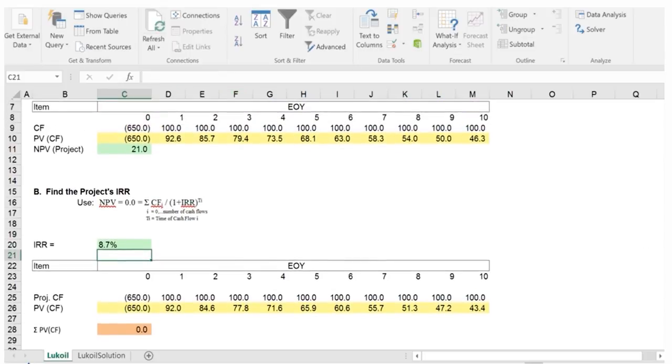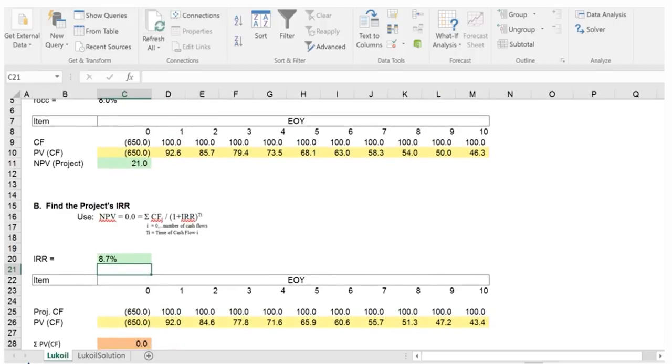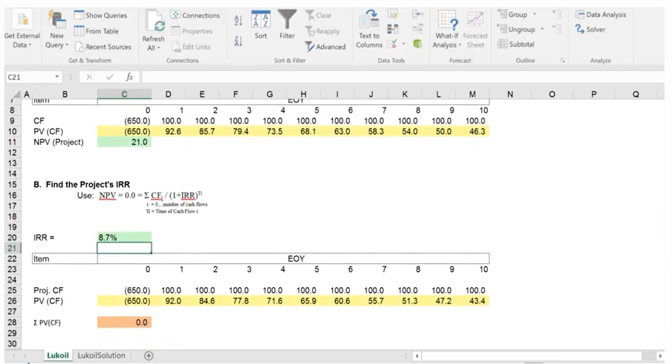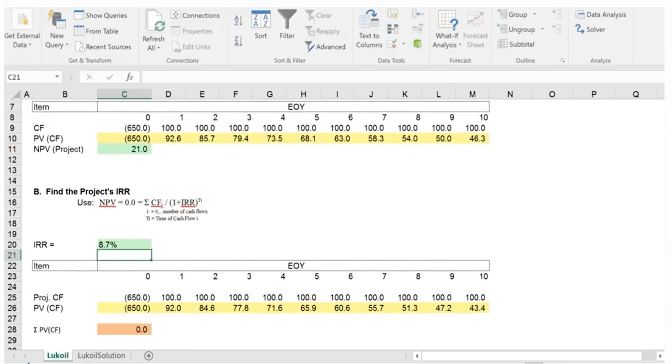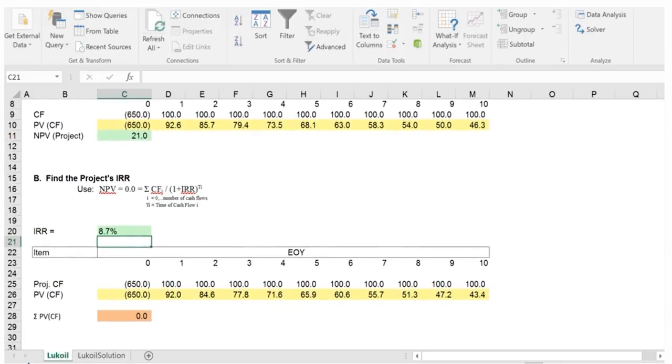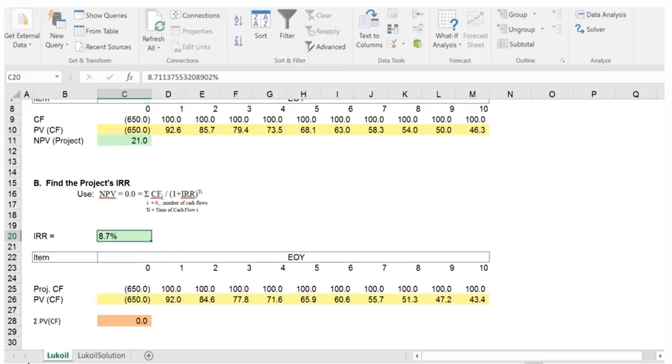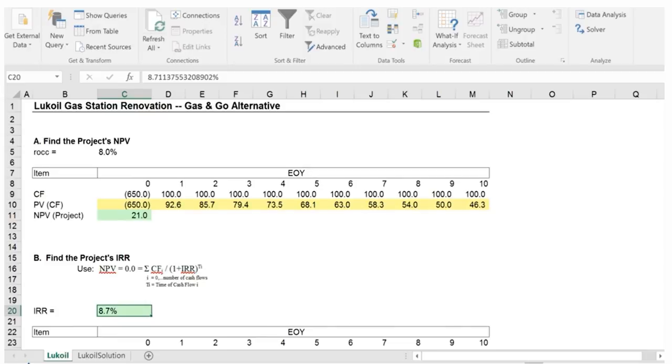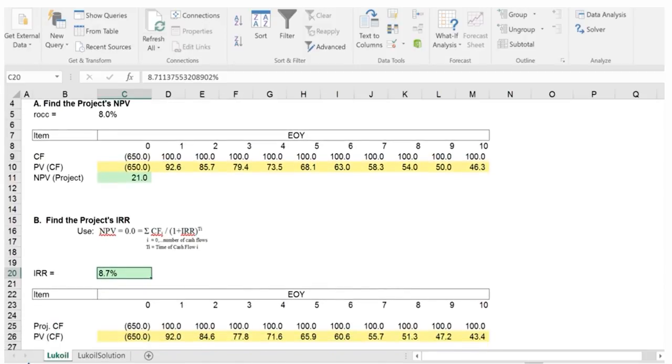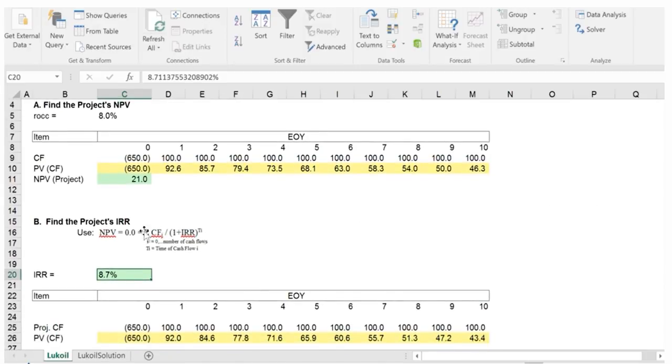Okay, so this should be working. IRR, when it works, when it's applicable, and we've talked about that a little bit, when it is and when it is not applicable. When it is applicable, which it clearly is in this case, it should lead to the same conclusion for a project that NPV does. And NPV greater than 0, clearly saying we should go ahead. IRR 8.7%, which is greater than their opportunity cost of capital, so that says go ahead as well.